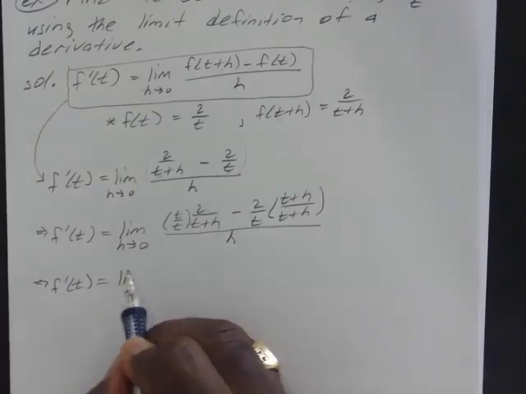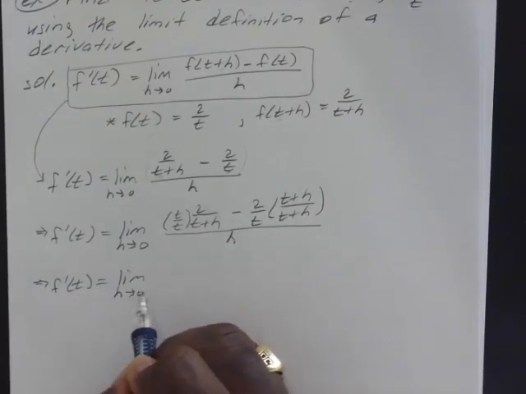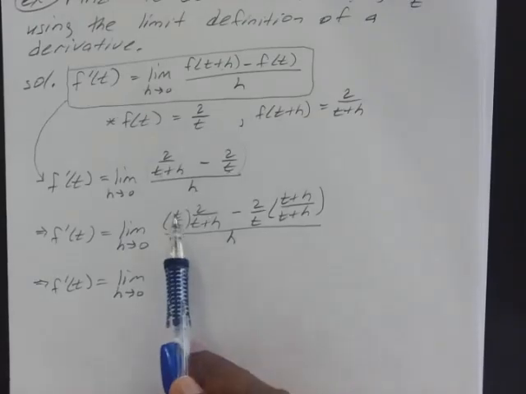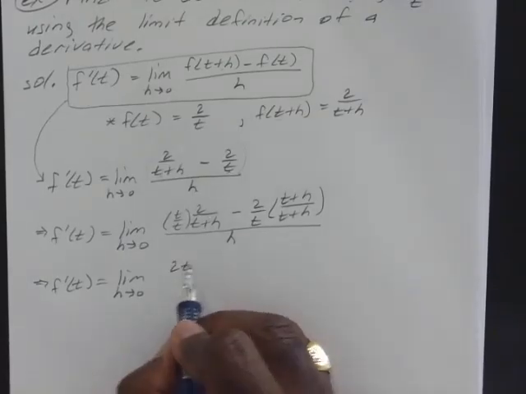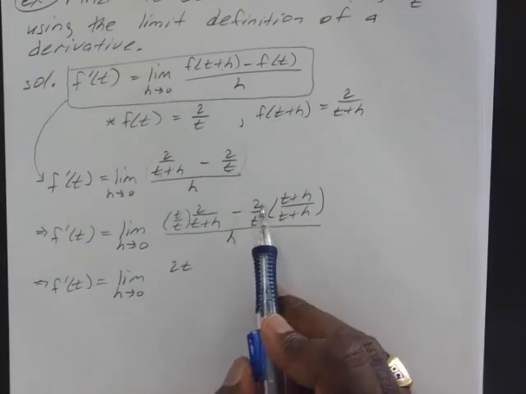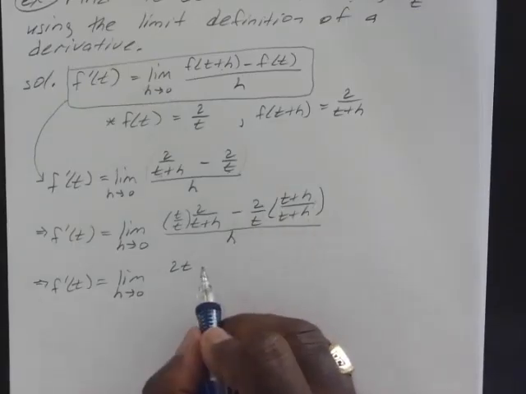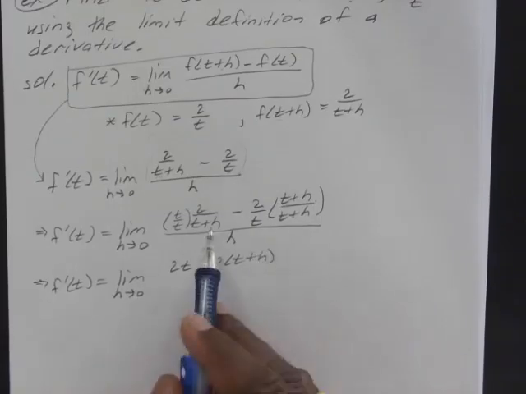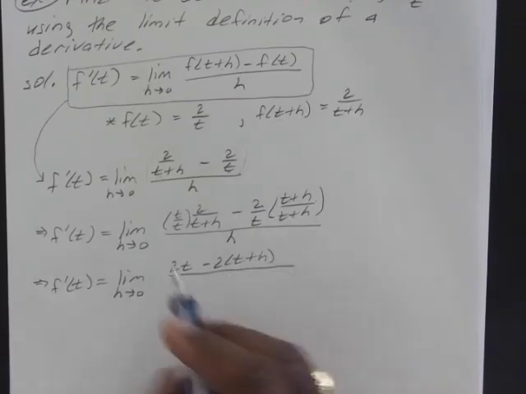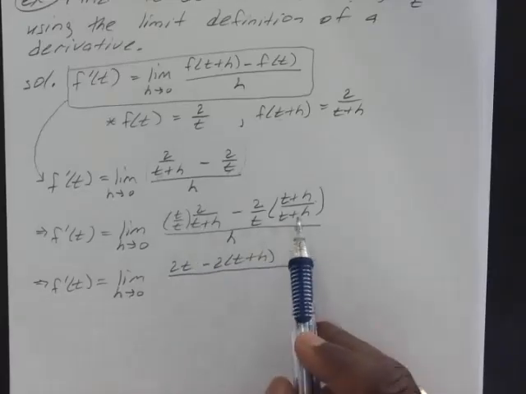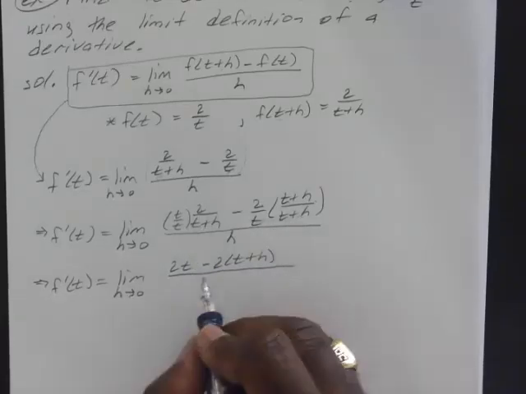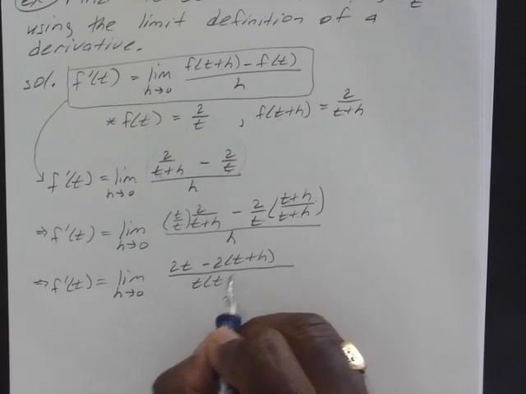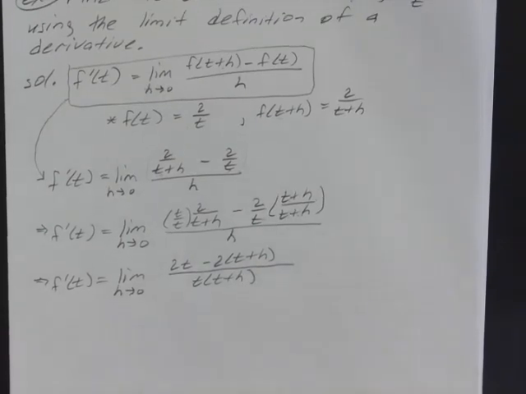Okay, so that gives us the limit as h approaches 0 of 2 times t minus 2 times t plus h, divided by t times t plus h. We can put that all over 1 since they're the same denominator. We can put it all under one quotient.